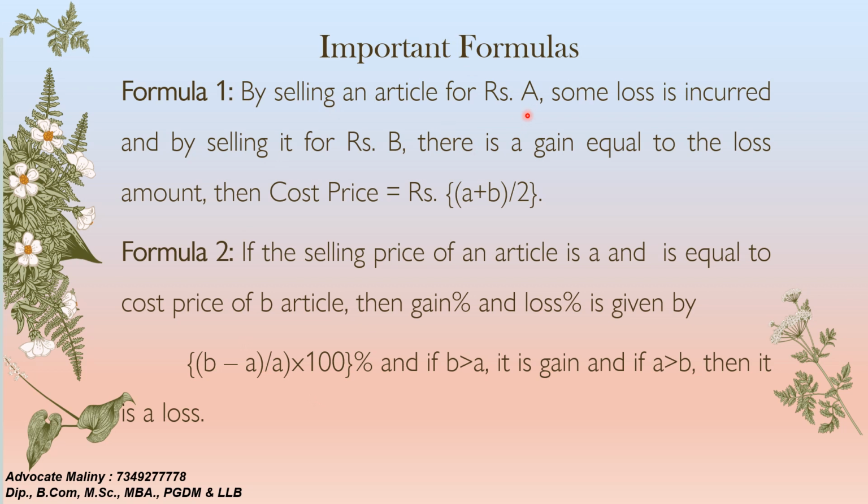Here, the selling price and cost price of two different articles are the same. We are trying to find out the gain percentage and the loss percentage. As you can understand, if B is greater than A, then it is a gain, and if A is greater than B, then it is a loss.